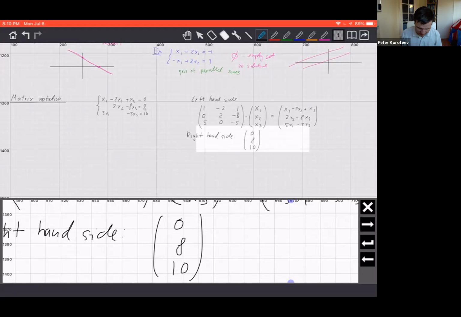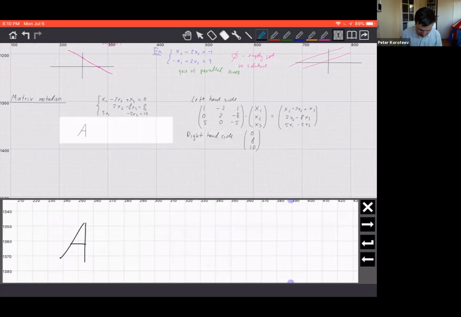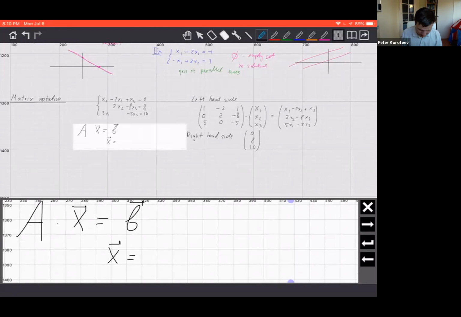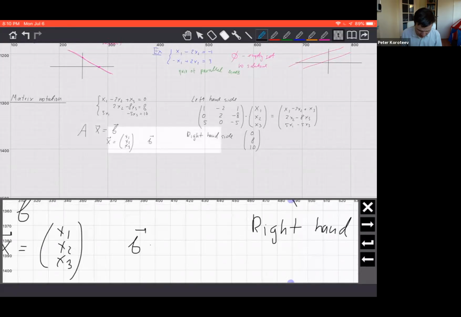So let's denote this matrix with A. Then we can write it as A multiplied by vector x is equal to vector b, right? Where A is this 3 by 3 matrix, vector x has components x1, x2, x3, and vector b has components 0, 8, and 10.